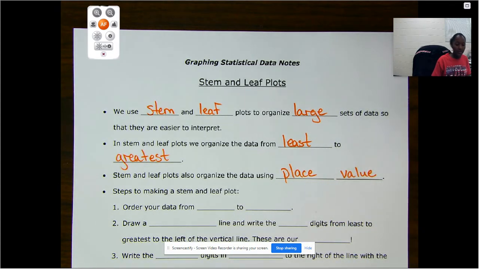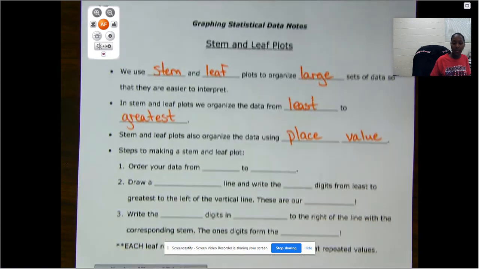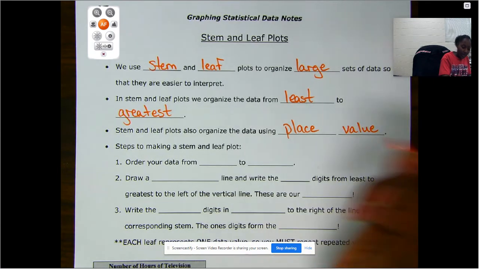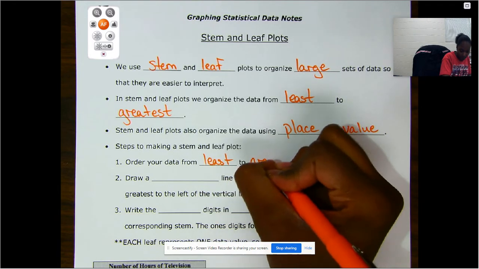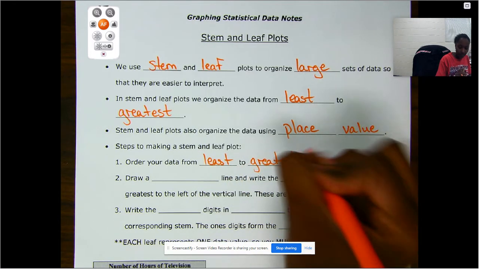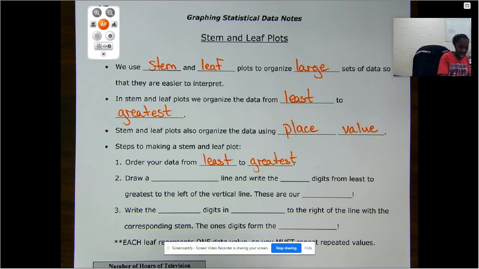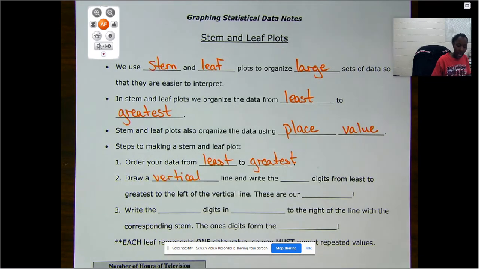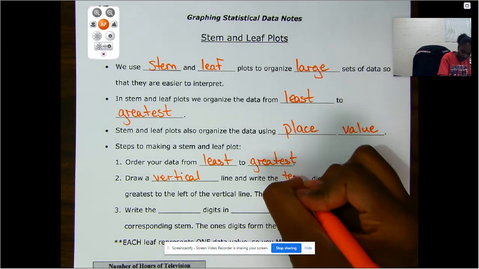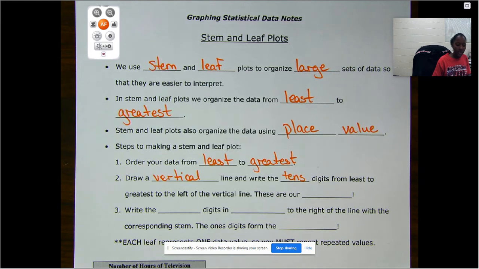Okay. Steps to making a stem and leaf plot. Order your data from least to greatest. Draw a vertical line and write the tens digit from least to greatest to the left of the vertical line.